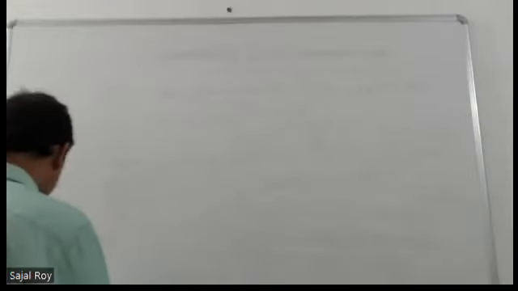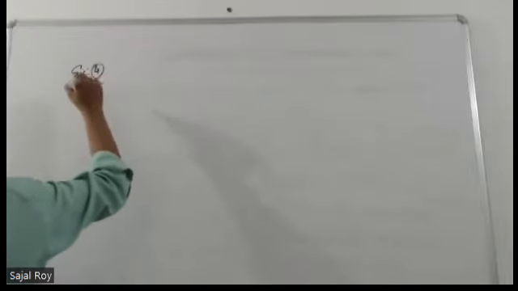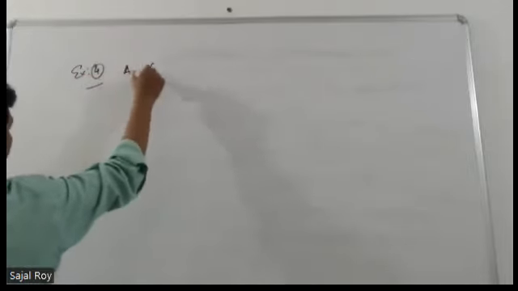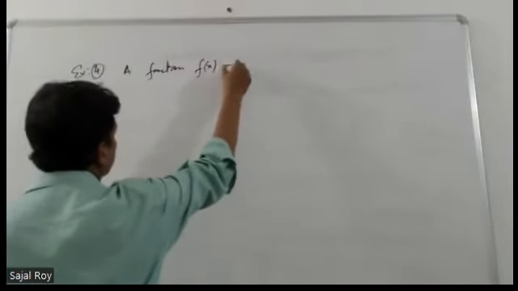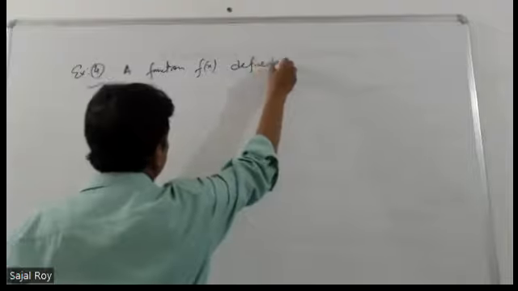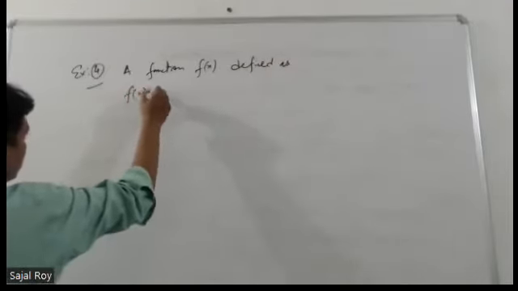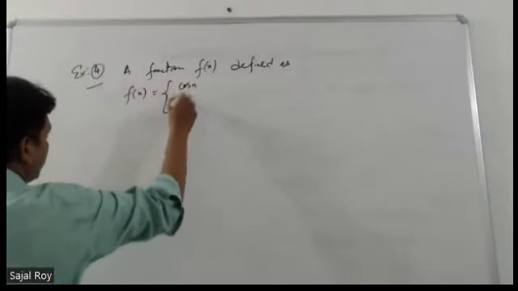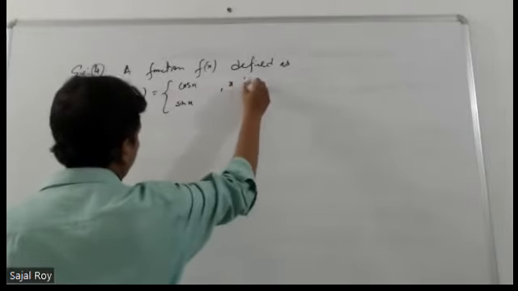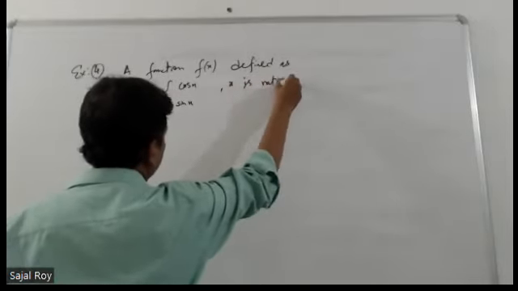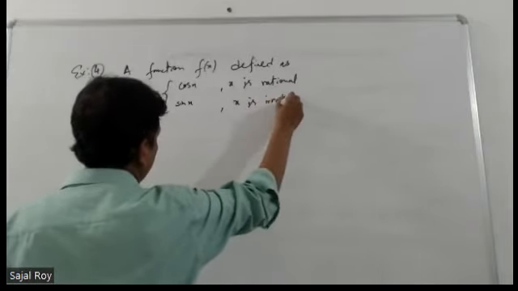Okay. Next question. A function f(x) is defined as cos x when x is rational, and sin x when x is irrational.